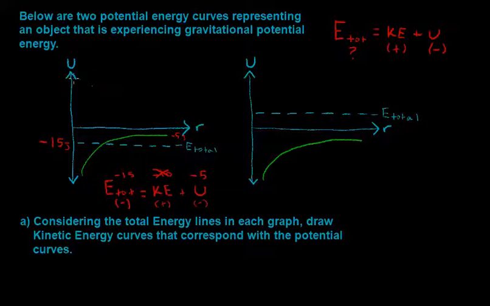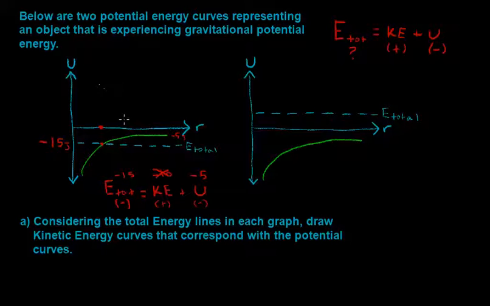So when we evaluate graphs like this, if the potential energy ever breaches the total energy curve when it's in the negative part of this axis, then this is the point where our kinetic energy must hit 0.